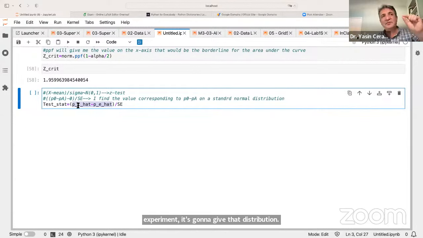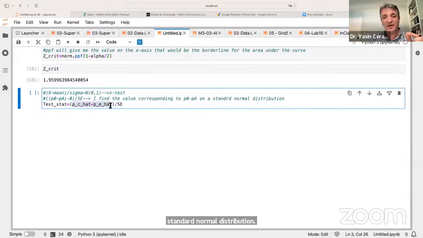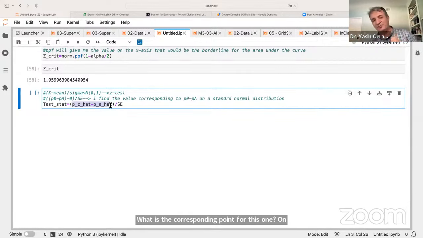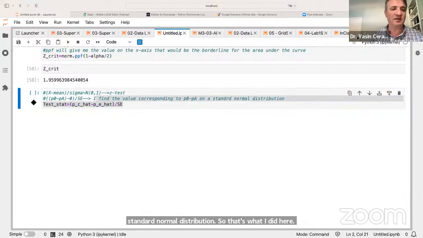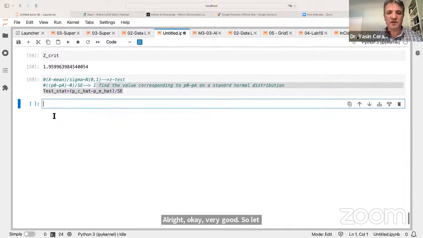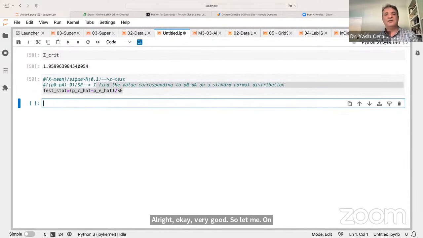I am trying to find, if I had changed that distribution into a standard normal distribution, what the corresponding point for this one would be on that standard normal distribution. So that's what I did here. All right. Okay, very good. So let me run this. Okay, I got the test stat too. Next.